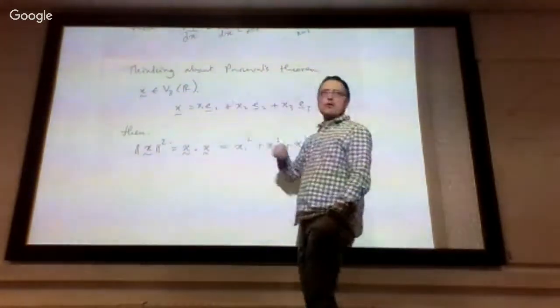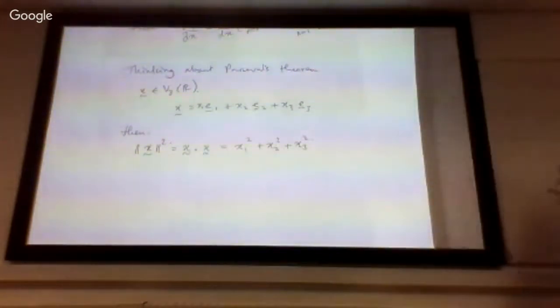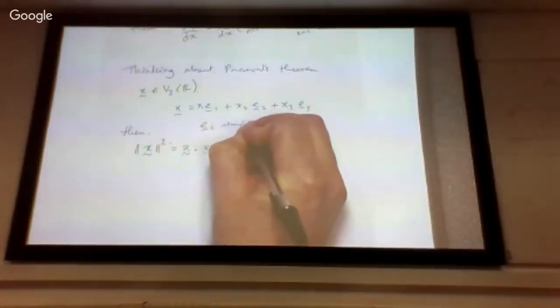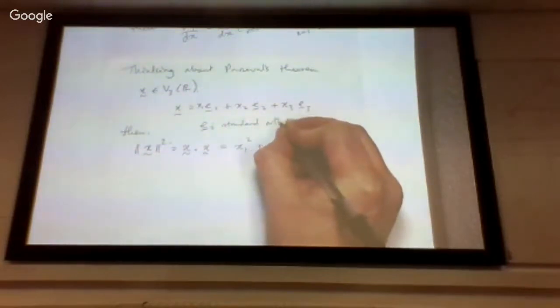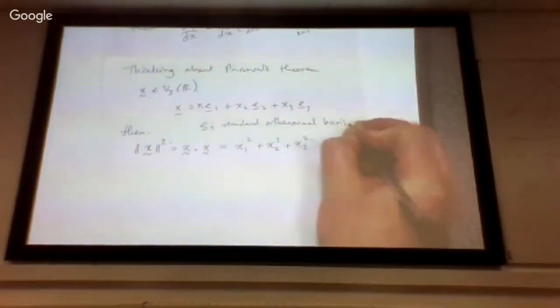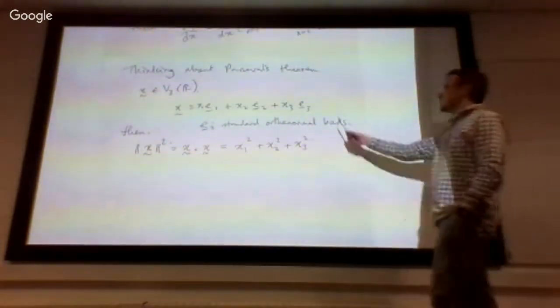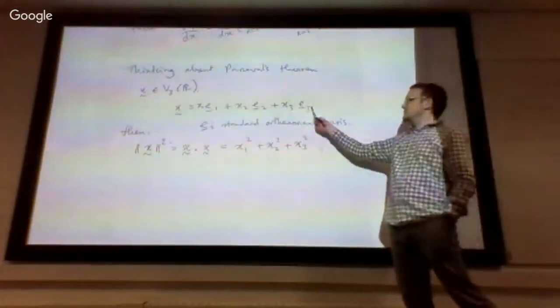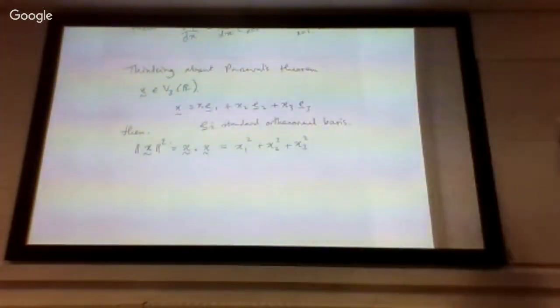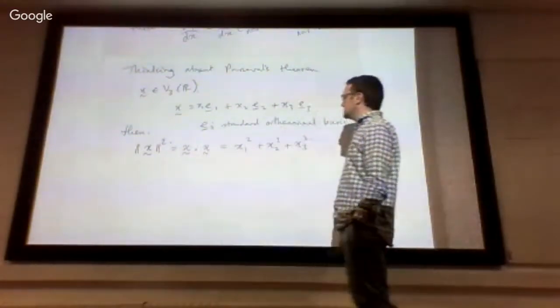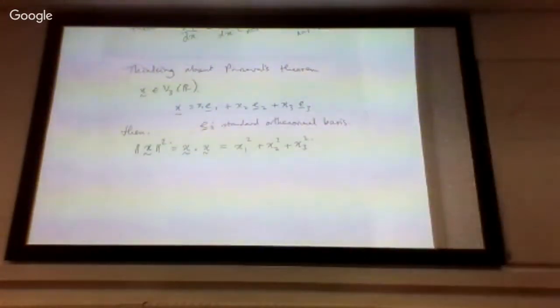Because the basis is an orthonormal basis, e_i is the standard orthonormal basis. Orthonormal means the ortho bit, the orthogonal bit, means that each of the basis vectors is orthogonal, perpendicular, to all the other ones. The normal bit means each of them individually is a unit vector. The consequence is that the square of the norm of the vector, the inner product of the vector with itself, is the sum of squares of the coefficients.